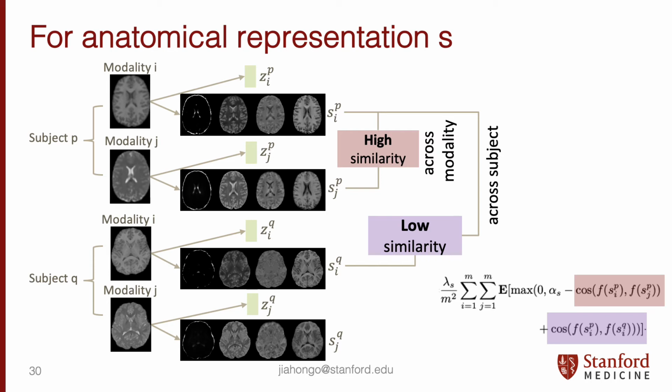In more detail, here we have two modalities, I and J, from two subjects, P and Q. Let's first talk about the anatomical representation, S. The anatomical representations from the same subject, different modality, are labeled in red, and they should be more similar than the anatomical representations from different subjects in purple. As shown in this equation, we hope the red pair has higher similarity than the purple pair by a threshold alpha s.